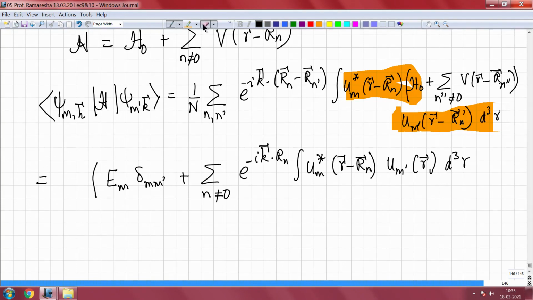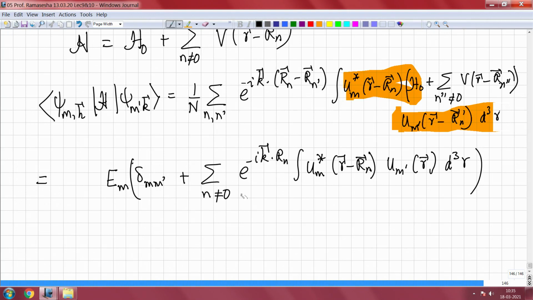This whole thing must be multiplied by E m, because I am going to put the first term and then I will have the whole thing. I have taken care of the fact that when I have two indices n and n prime and I am summing over both of them, the summation over one index will give me N, which cancels against the N here.